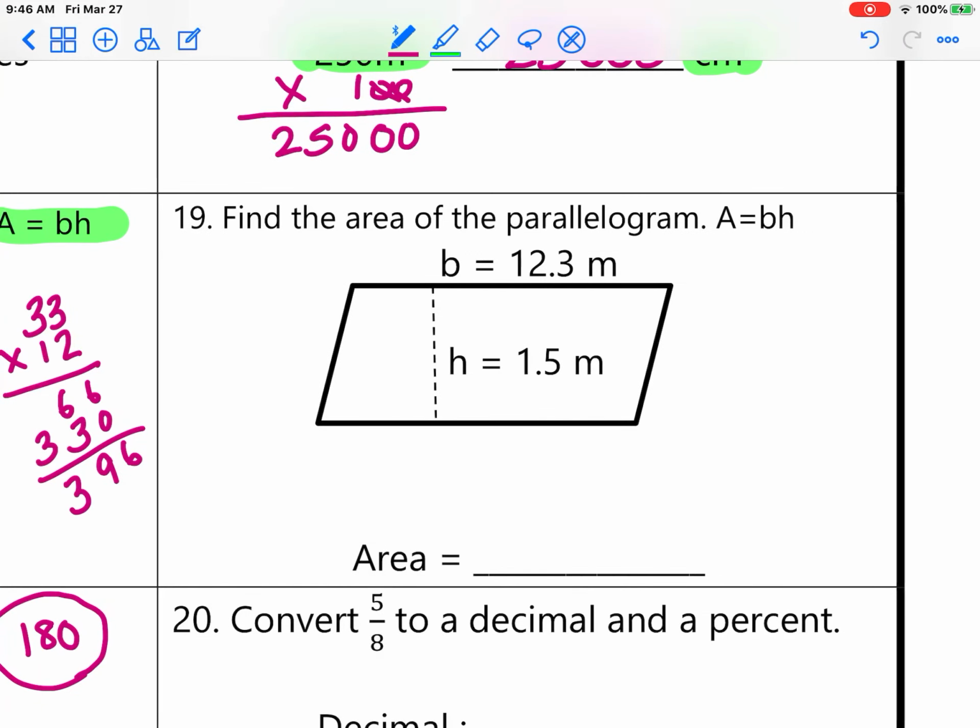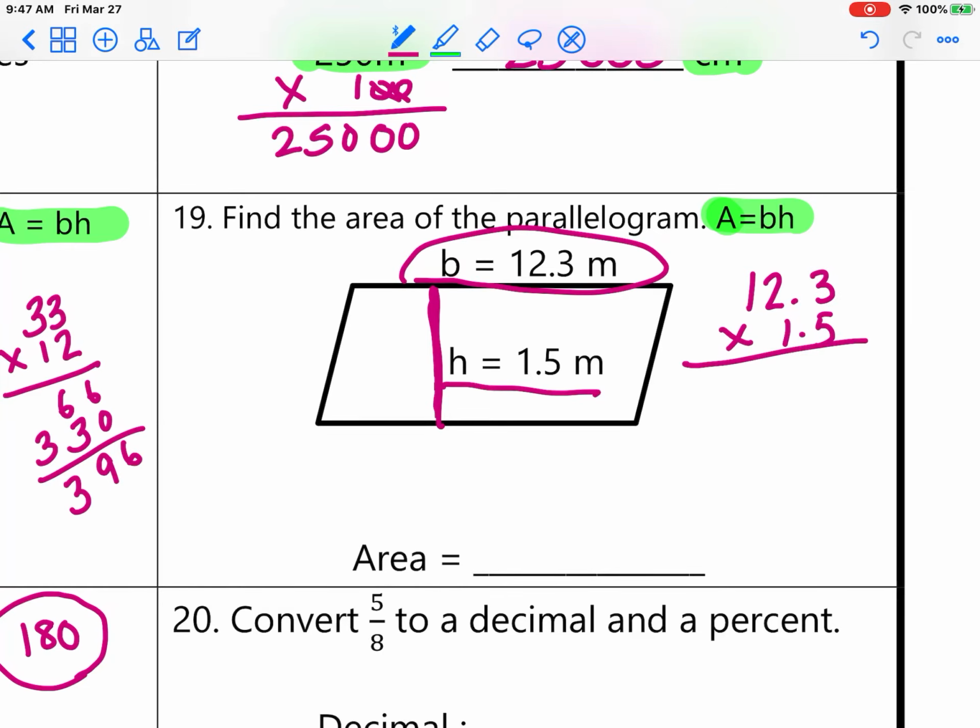All right, number 19. Find the area of the parallelogram. Again, I gave you the formula. Area of a parallelogram is base times height. Here is the height. It's this number right here that measures how far apart the 2 bases are. And then here is the base. So we multiply those 2 numbers. Base times height, 12 3/10 times 1 5/10.